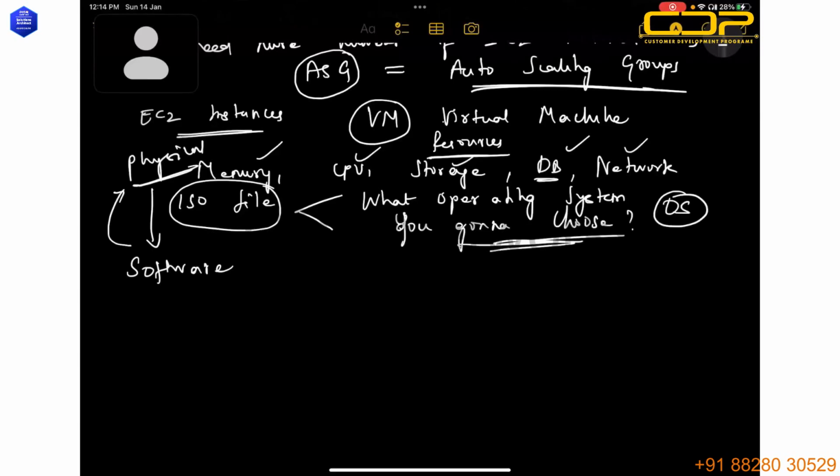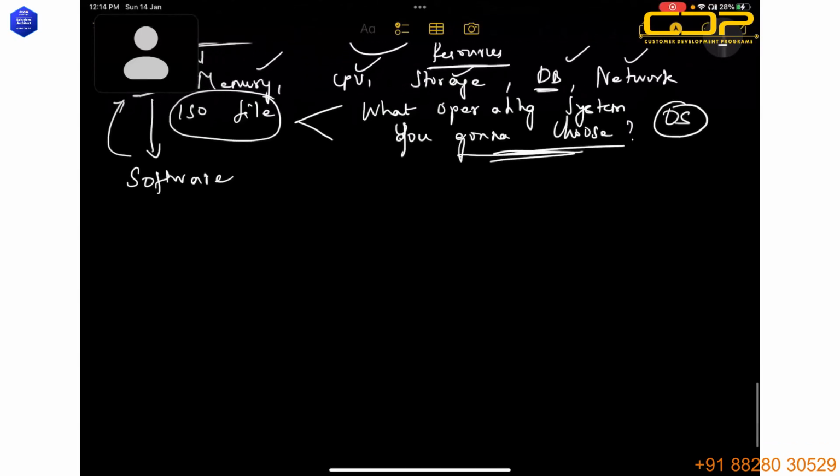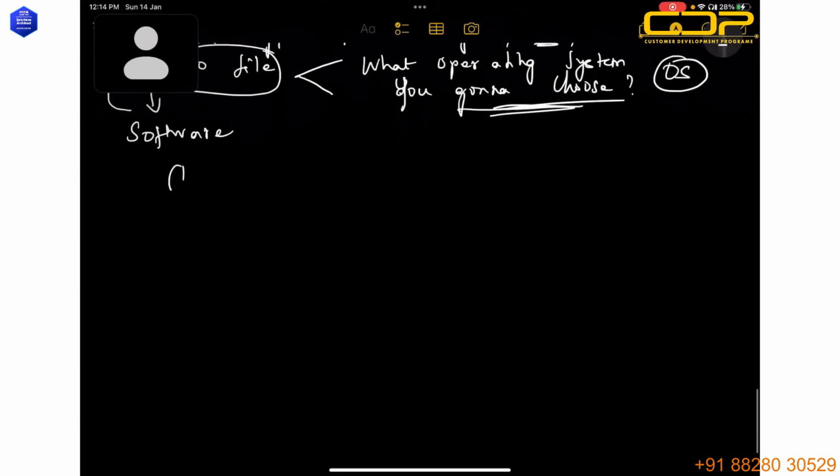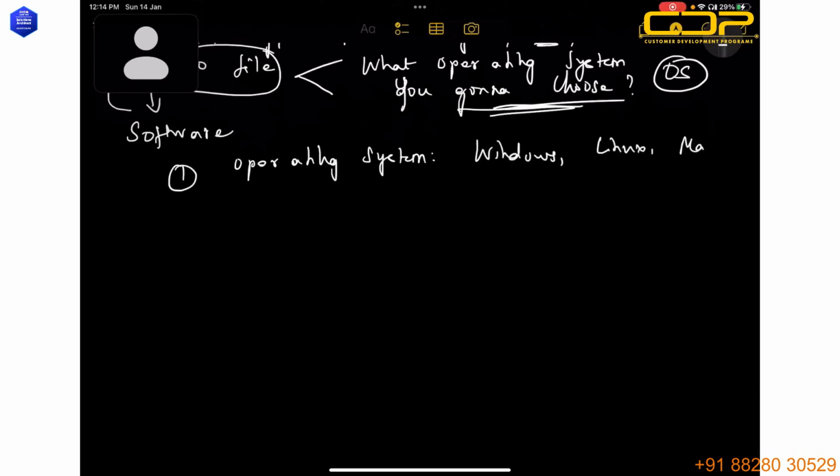So what are the EC2 instance configuration options? The first thing is the operating system, as I already said, the graphical interface. You can choose Windows, you can also choose Linux, you can also choose Mac, and you can also choose Amazon Linux AMI, which AWS gives you as the default operating system.